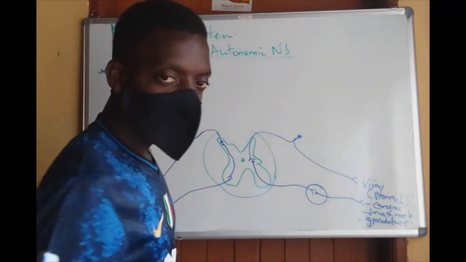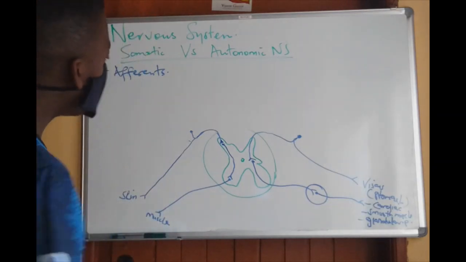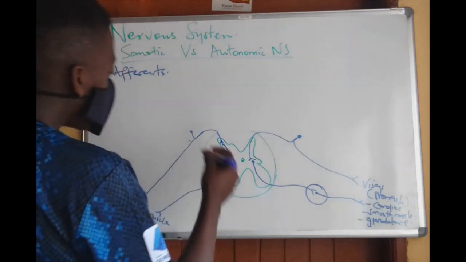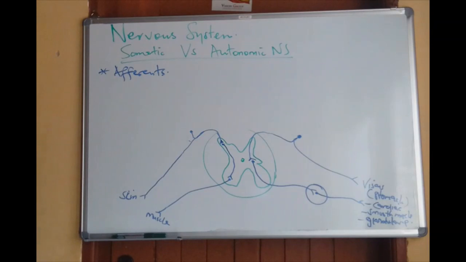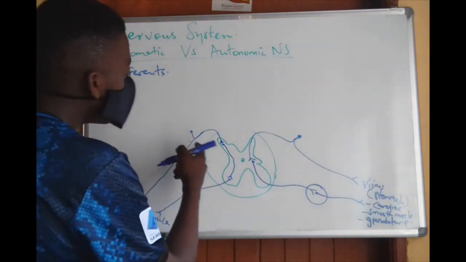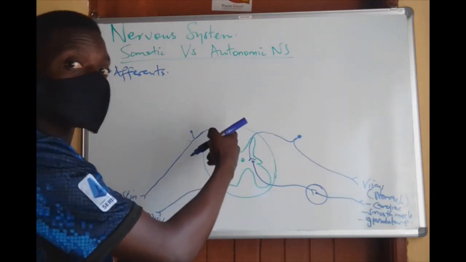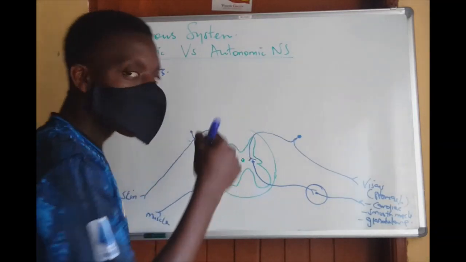So is this. So there is no difference there. But when it comes to appearance, as we compare them, the afferent fibers, those of somatic, the cell body is in this. Both of them, the cell bodies are in the dorsal ganglion.